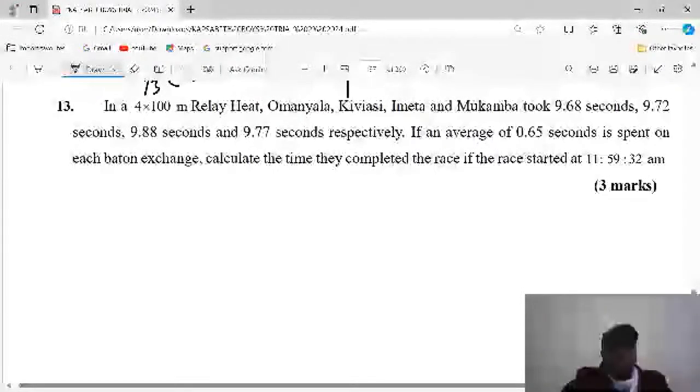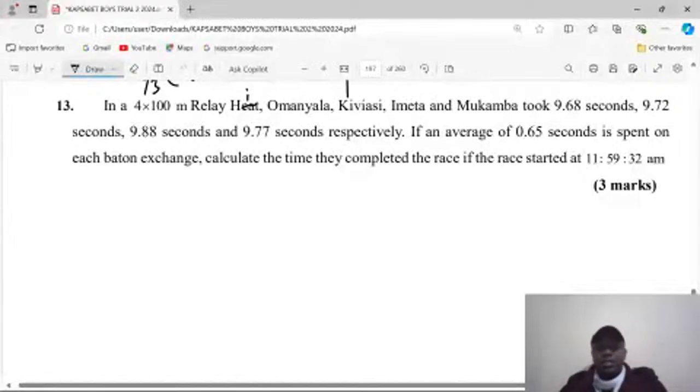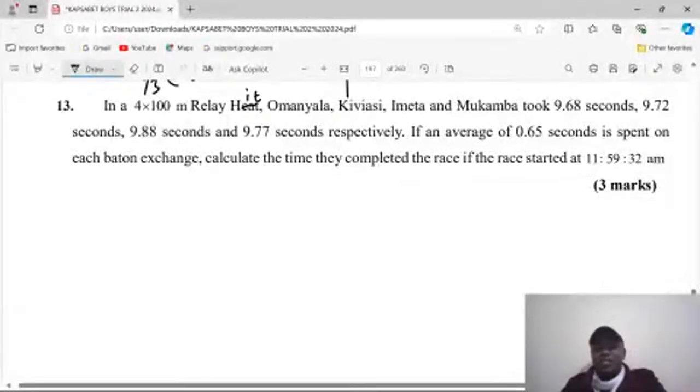Number 13. In our relay heat, this should be heat A relay heat. Omanyala, Kiviasi, Imeta, and Mukamba took 9.68 seconds, 9.72 seconds, 9.88 seconds, and 9.77 seconds, respectively.